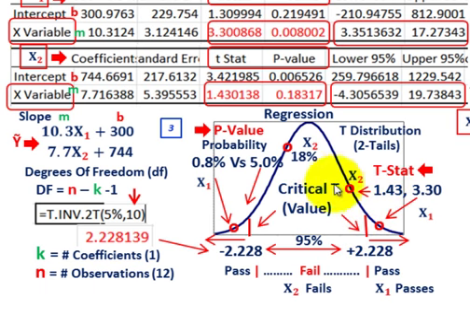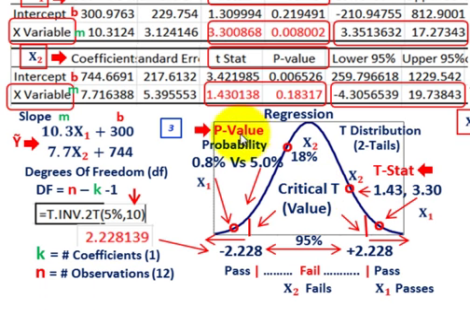You can look at it on both sides of the scale. So x2 fails the test, therefore we can say we don't have a linear relationship between y and our x2 variable based on that m slope. Okay, so that's our t-statistic, and it really works off both sides of the curve here.